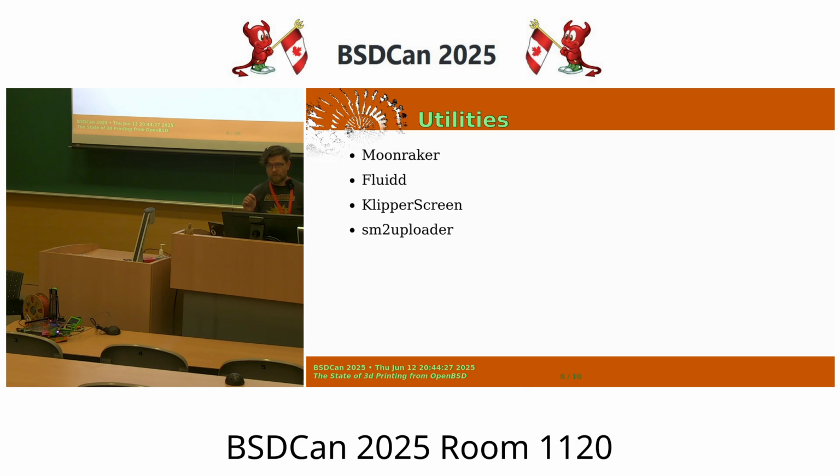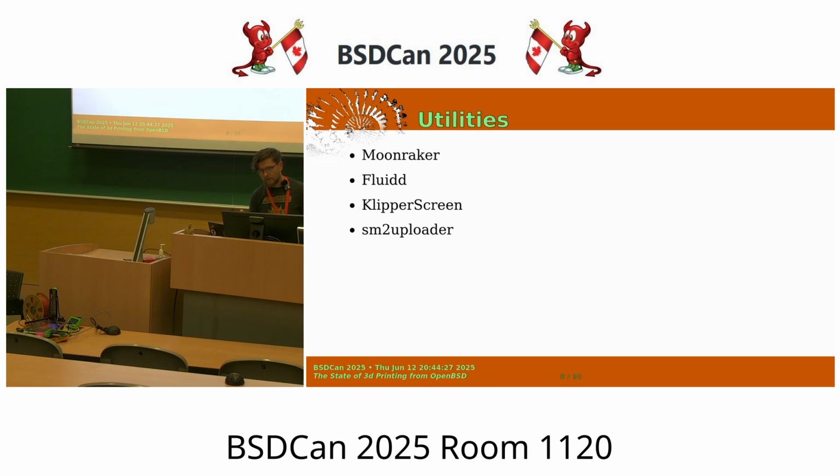The touchscreen is being driven by KlipperScreen, which talks to Moonraker, so it's displaying on that screen down there, but talking over an HTTP API to Moonraker, which is talking to the Klipper daemon, which is talking to the firmware.